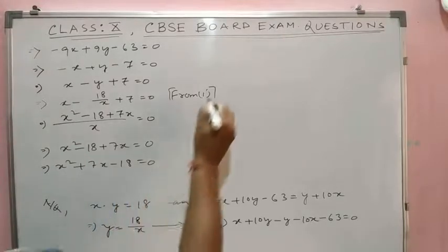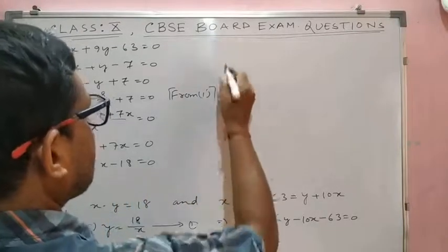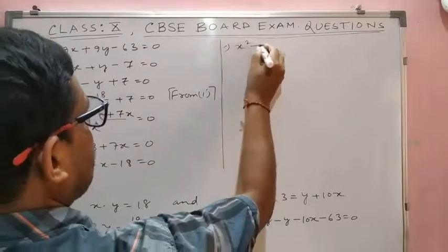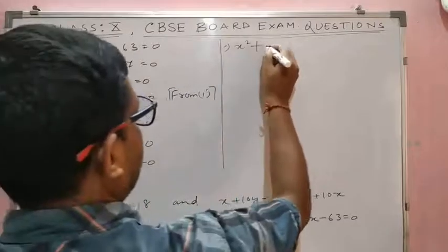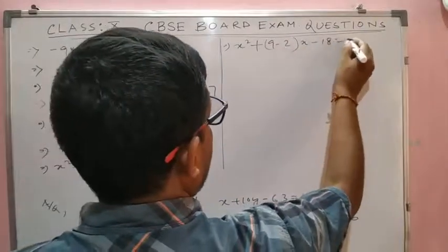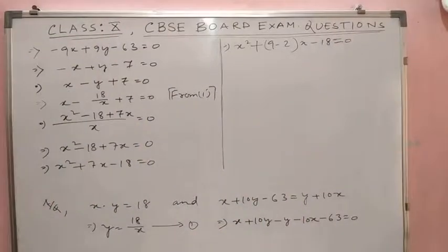Here 18, we can write this one as x square plus 9x minus 2x minus 18 equal to 0. This can be written as 9 minus 2, 9 times 2 is 18.